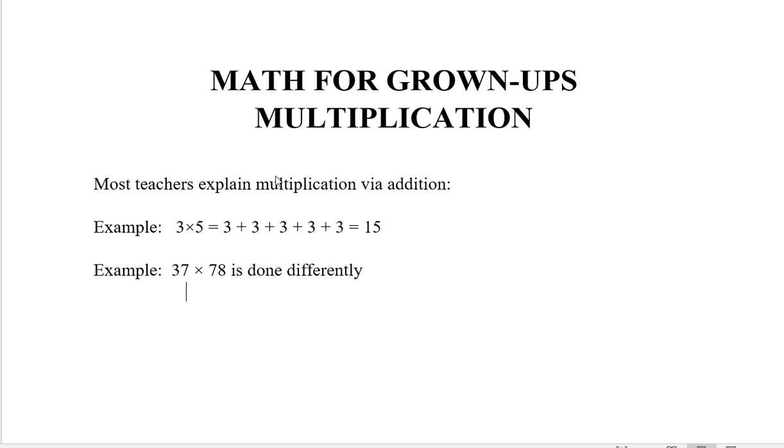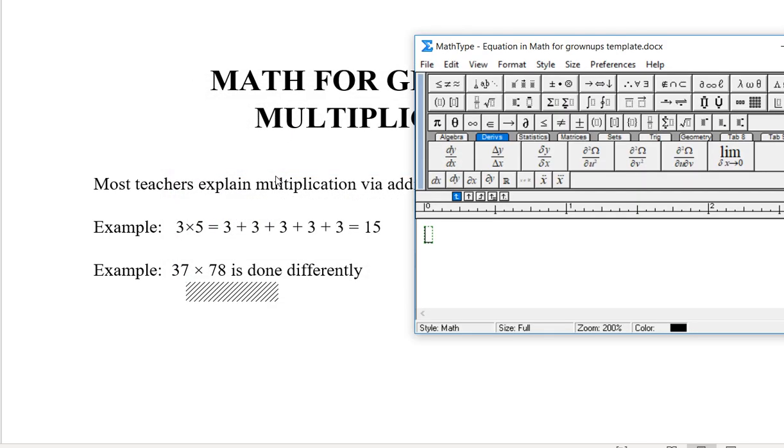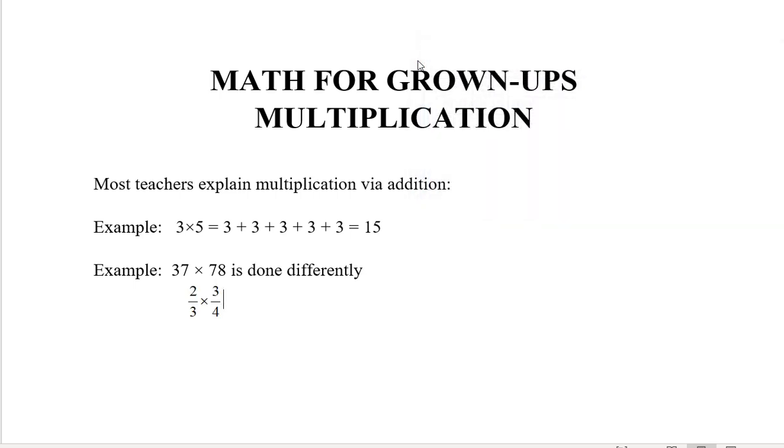Or if you have something like 2/3 times 3/4 or something like that. We don't do 2/3 plus 2/3 plus 2/3, not even a whole time, only 3/4 of a time.